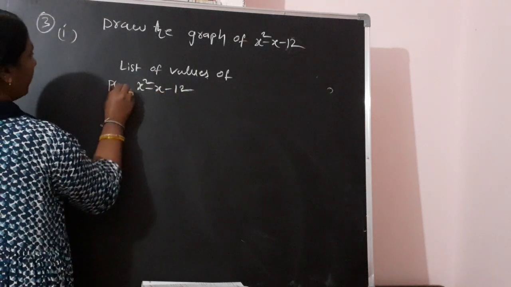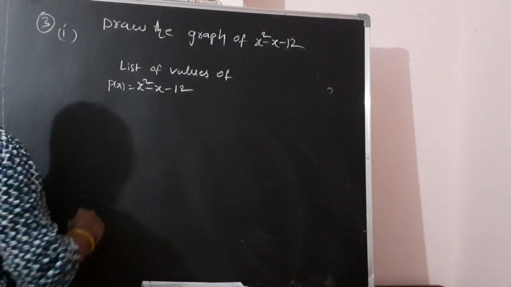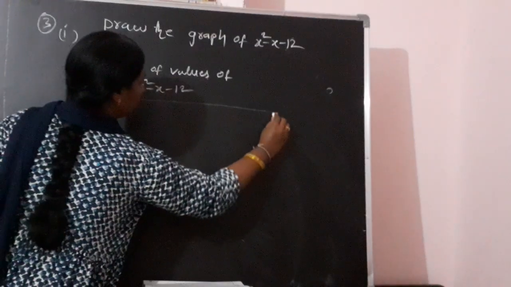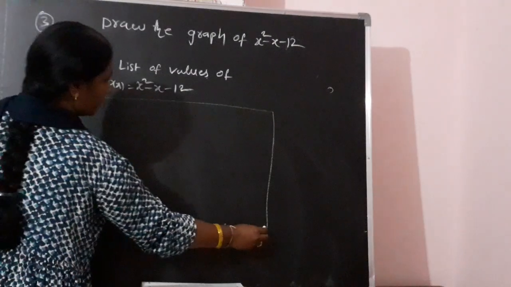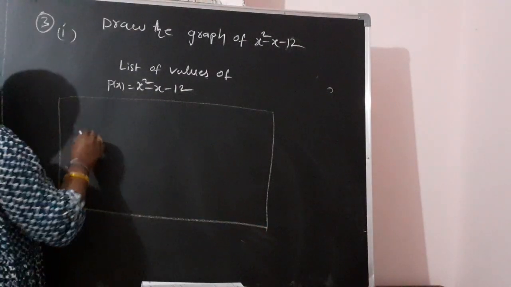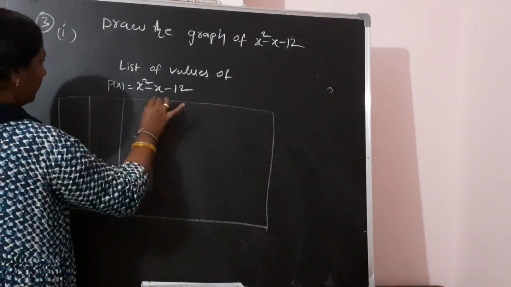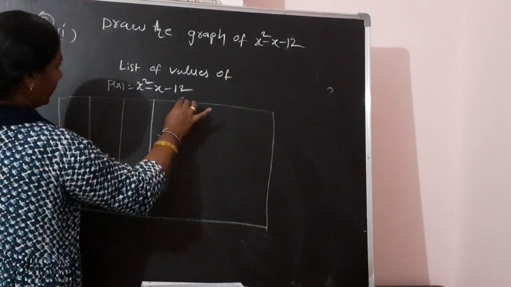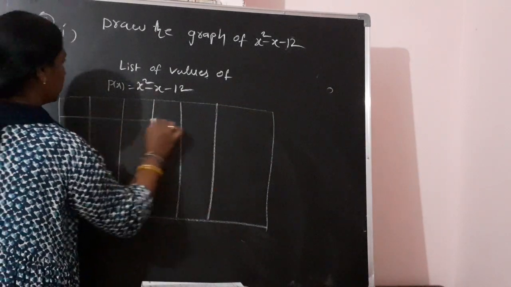So take this as p of x. Here, first of all, take a table, draw with pencil, all of you. Minimum 6 or 8 values you have to take. Okay. Now I am taking 6 values.